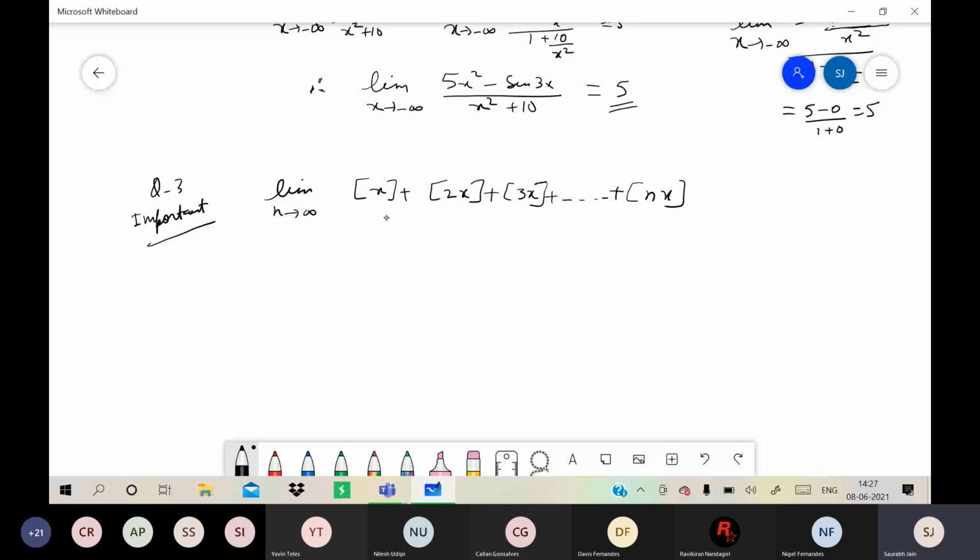This is the question, and this denotes the greatest integer function. Try this question just.